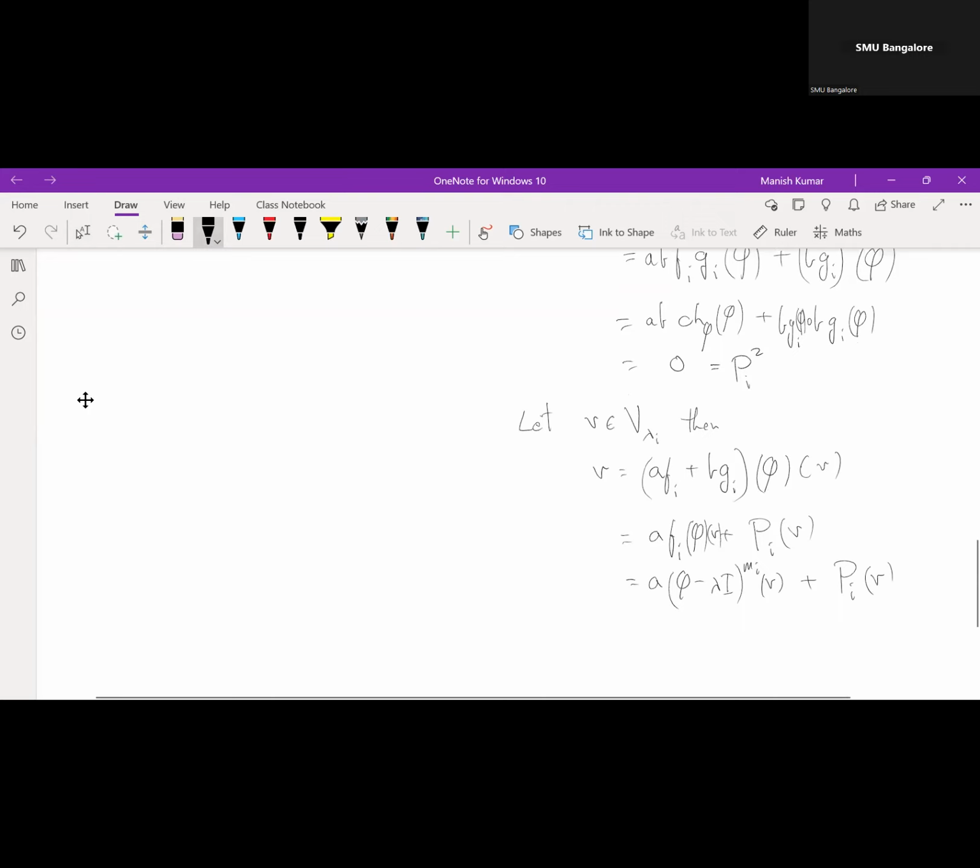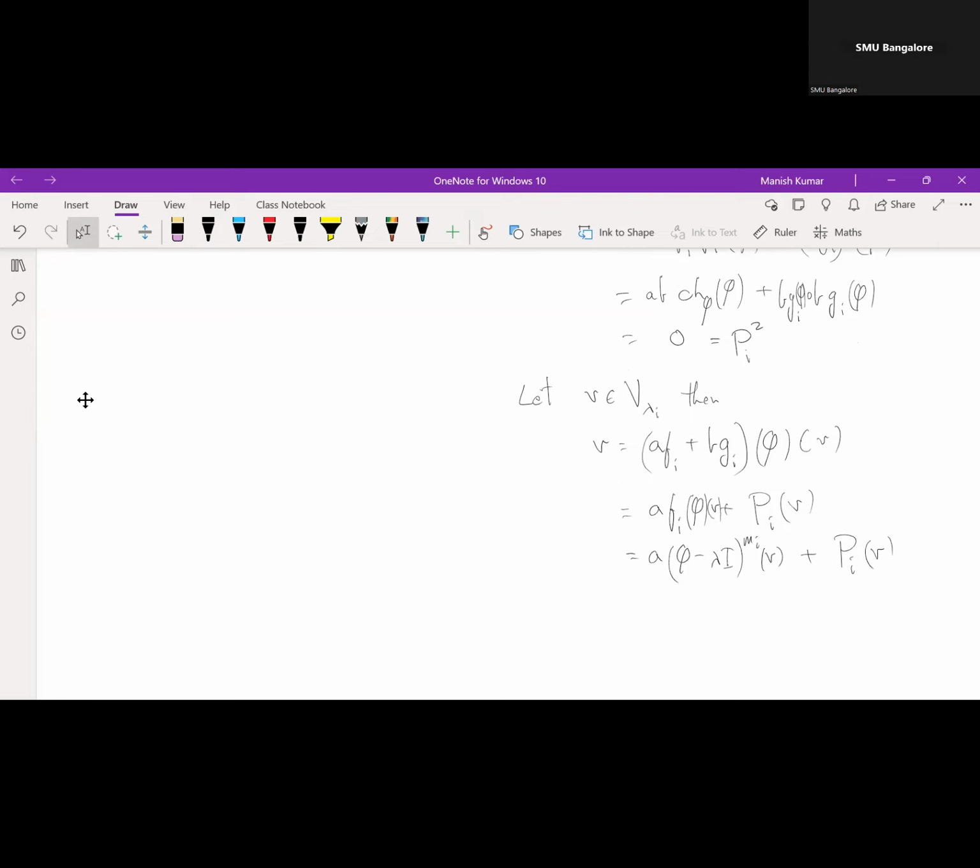And v belongs to V lambda I. That means v is killed by some power of phi minus lambda I. But we are claiming that the mith power is enough. So this will be 0 plus pi v. Not just some power, just the mith power will be enough. This will be a homework problem, so I'll let you do this homework.